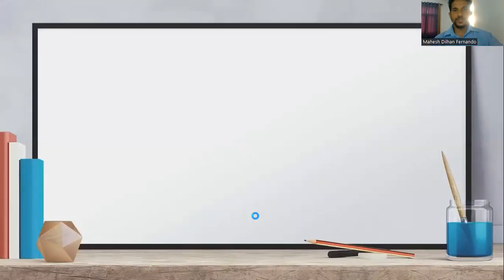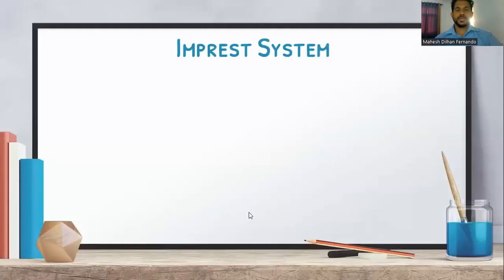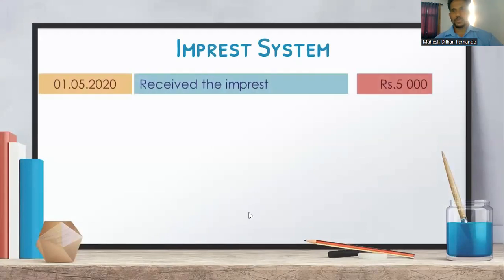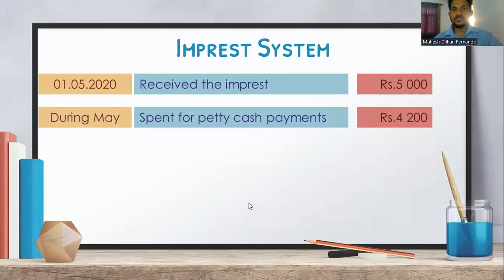The imprest system. Let's say that we have received rupees 5,000 as the imprest. And then during the month of May, the business has spent rupees 4,200 on petty cash.